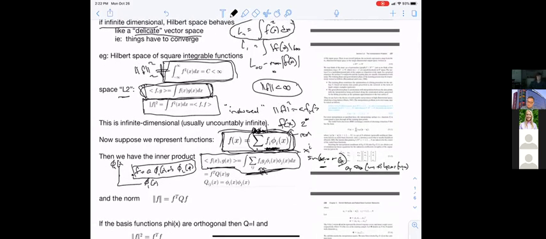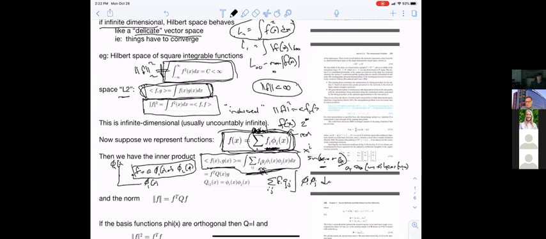So I can then write this thing as a sum over i, j of f_i g_j times the integral of phi_i phi_j dx.